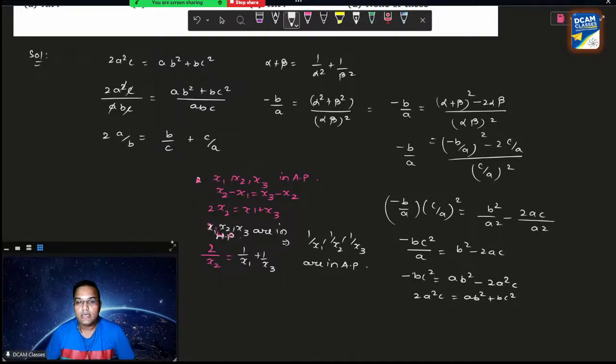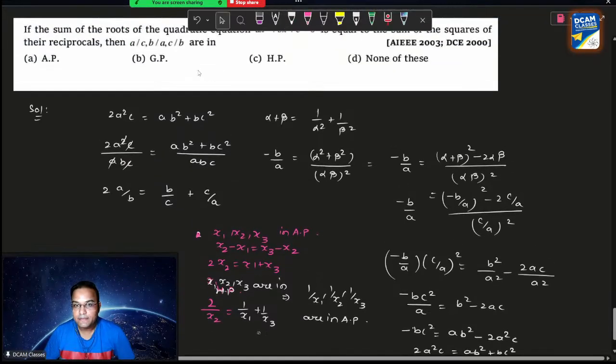So here, if you see them, they are definitely not in AP, because in that case 2b by a must be equal to a by c plus c by b. But we are not getting this condition.